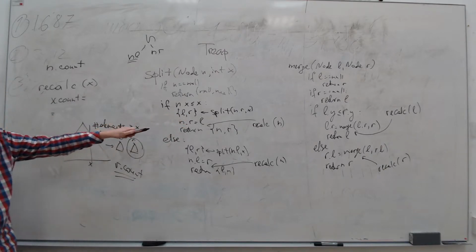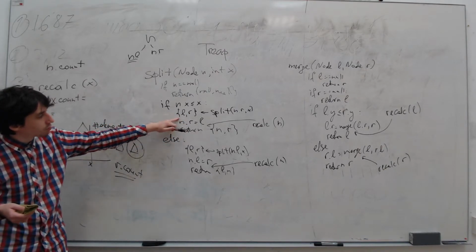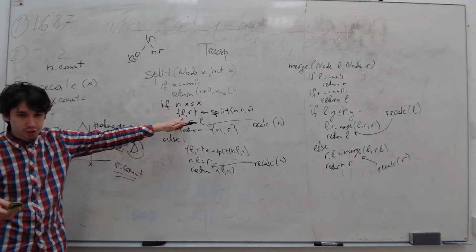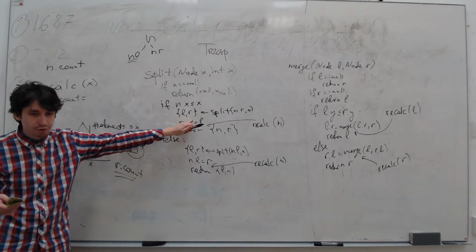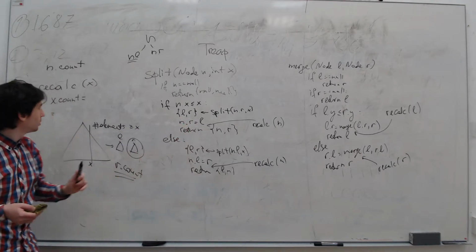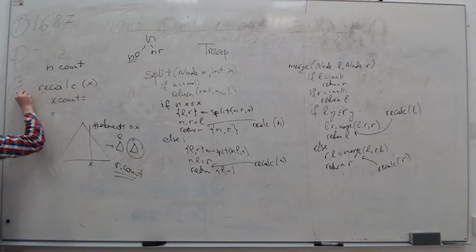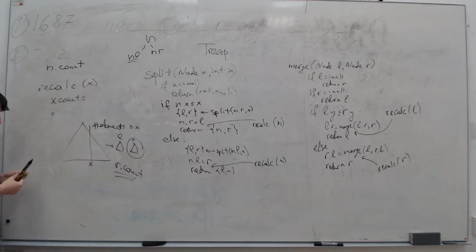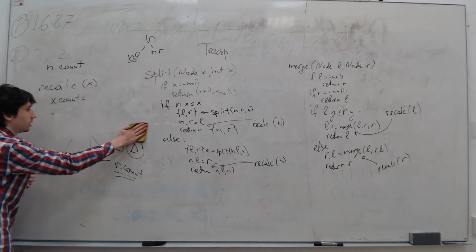So when you split, you know the number of elements in left and in right. So it is simply l.count and r.count. We sum up the number in the left child and the right child. And plus 1. Yes, exactly.